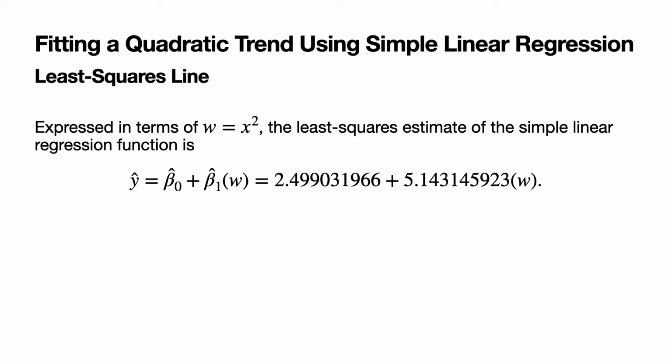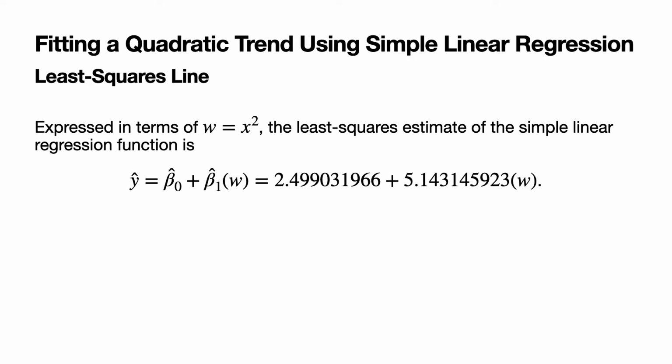And so expressed in terms of the derived variable w, the least squares estimate of the simple linear regression function is given by y hat equal to beta 0 hat plus beta 1 hat times w, or as we see here, 2.499,031,966 plus 5.143,145,923 times w.